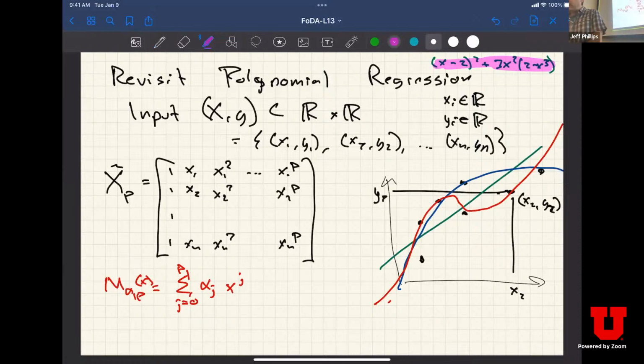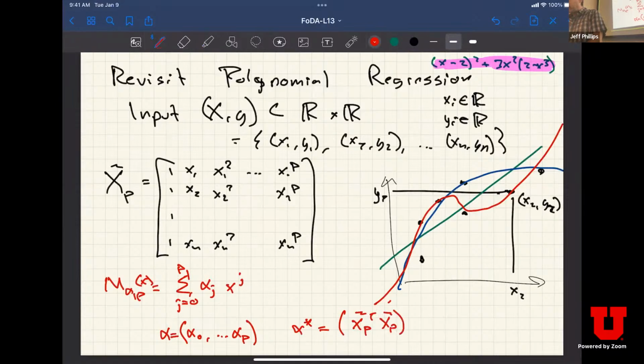And so the key then is to solve for this set of parameters alpha 0 up to alpha p. The optimal solution, minimizing the sum of the squared errors, we can solve in closed form: xp tilde transpose xp tilde inverse xp tilde transpose y. There's this closed form expression for this.